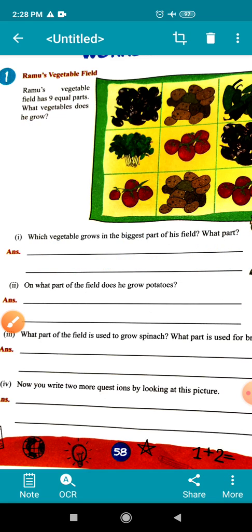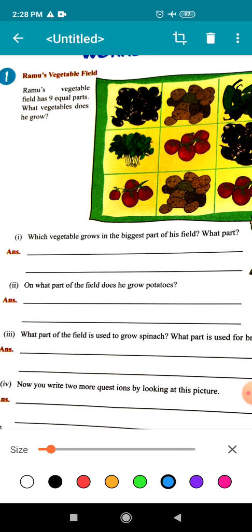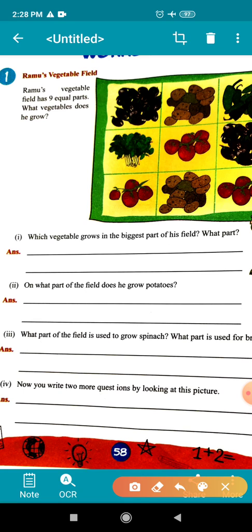Now second question is, what part of the field does he use to grow potatoes? Children, you can see potatoes are grown in 2 parts. So the fraction will be 2 by 9. Now third question is, what part of the field is used to grow spinach?